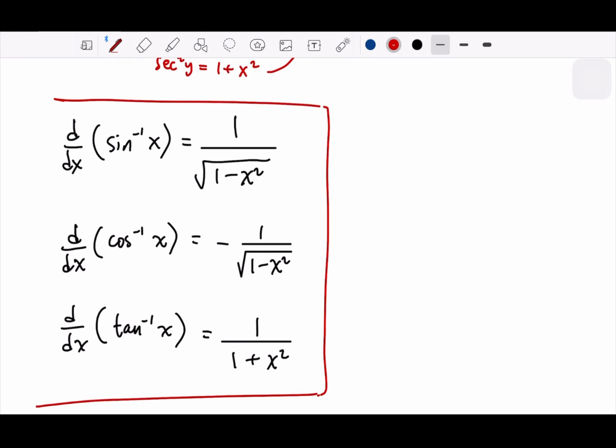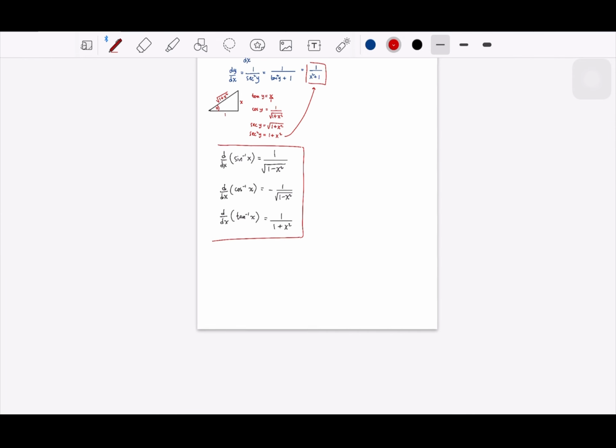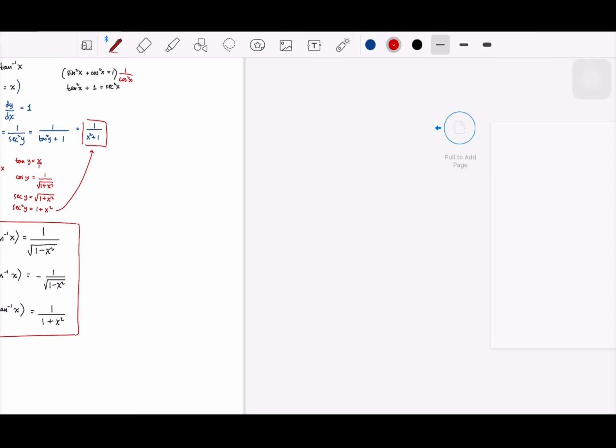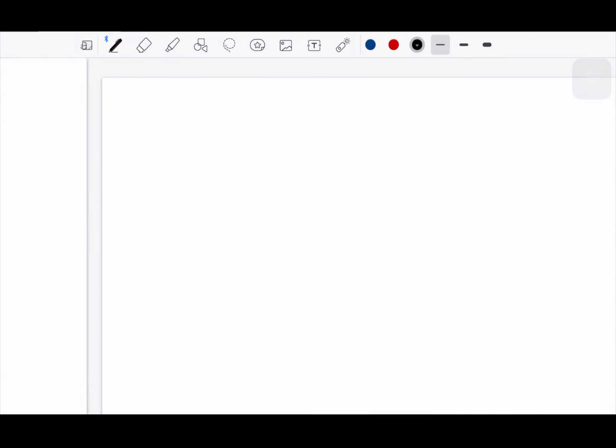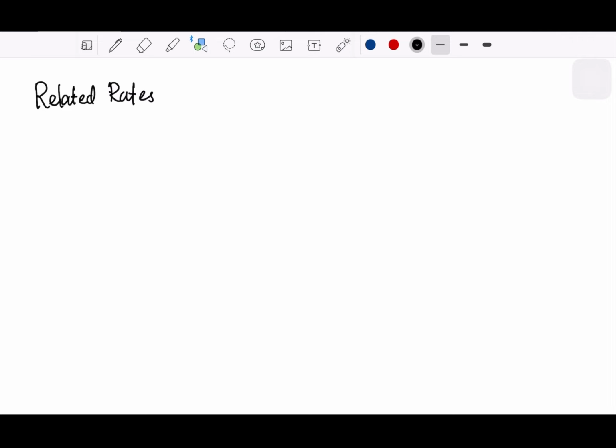So we can skip that, and we go to the related rates. Let me write here. This is 3.8.